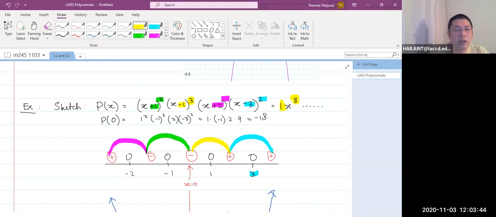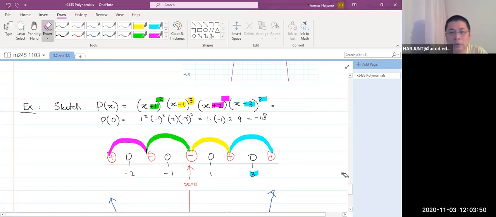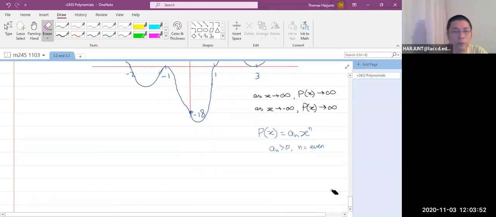Thomas, how do you get that 1 x to the 8? Try to multiply it out. Don't do it in full though. This is x plus 1 squared, x plus 2, x minus 1 cubed, x minus 3 squared, and this is to the 4th here, I guess.